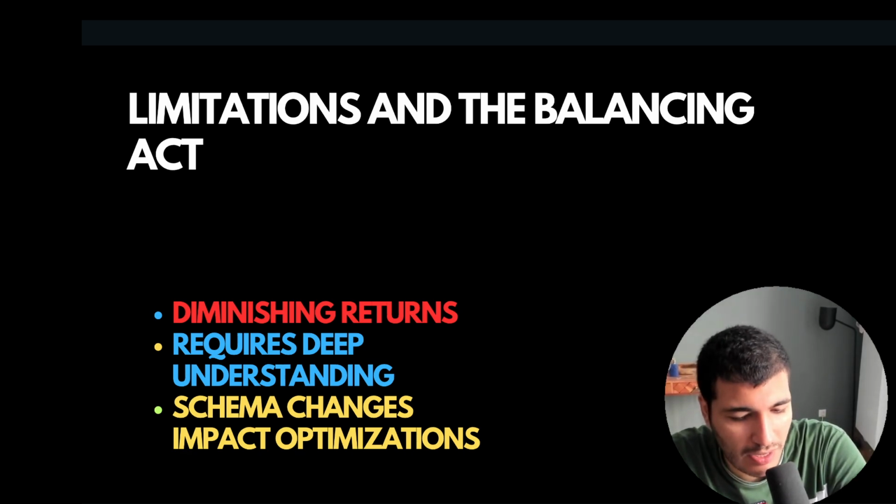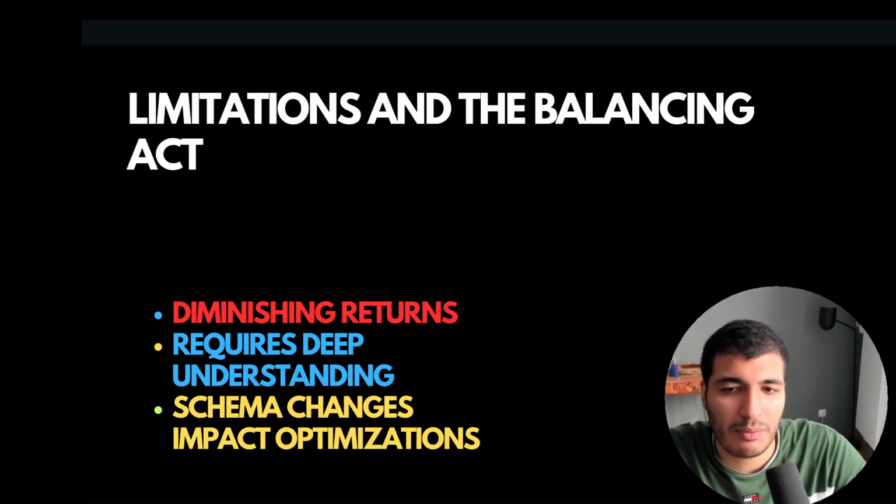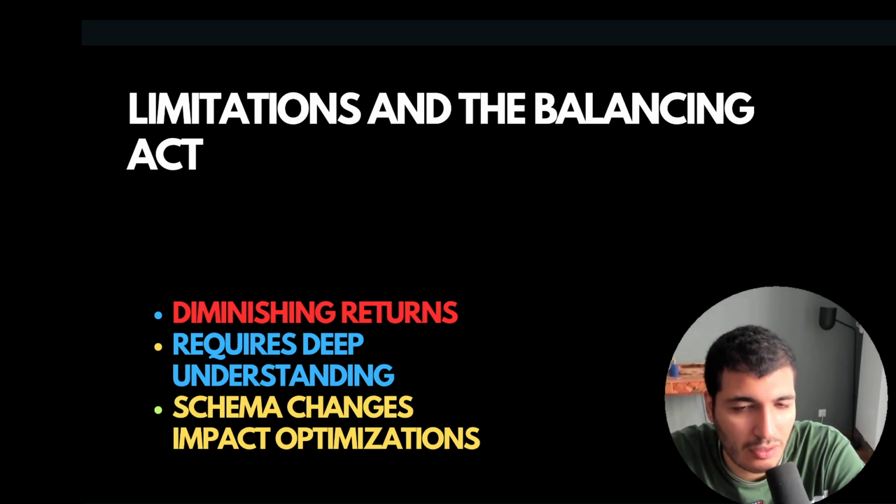And number three, schema changes impact optimization. If your database schema changes frequently, previously optimized queries might become inefficient or even stop working correctly. This means optimization is not a set it and forget it task. It needs to be revisited, and potentially rewritten as your data model evolves.